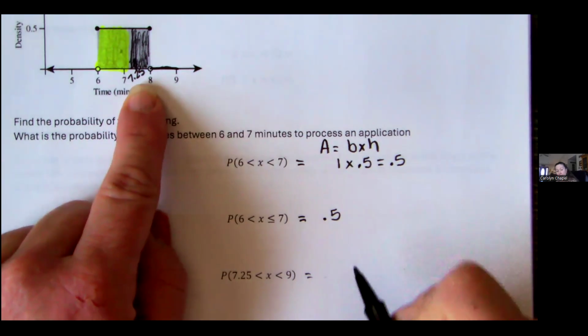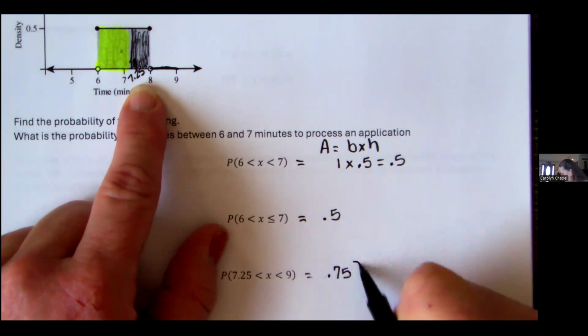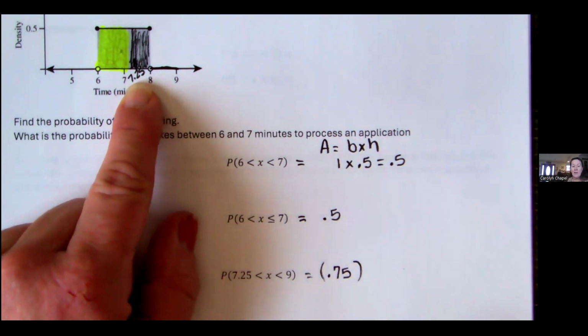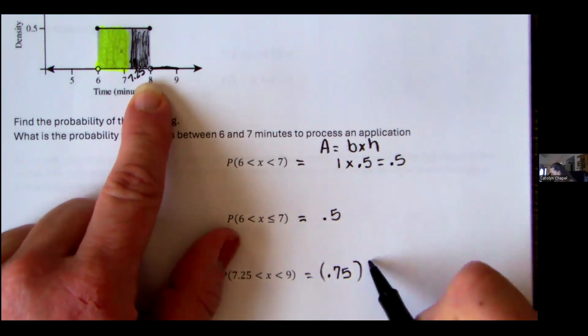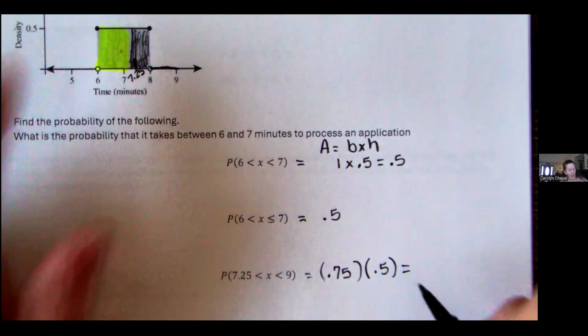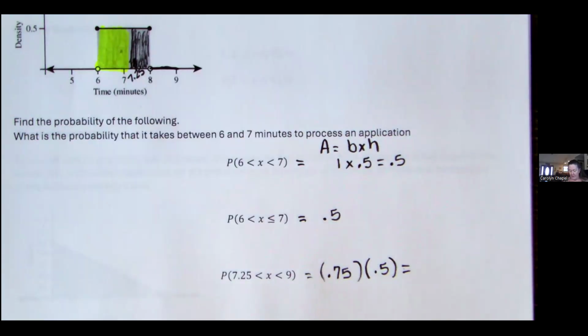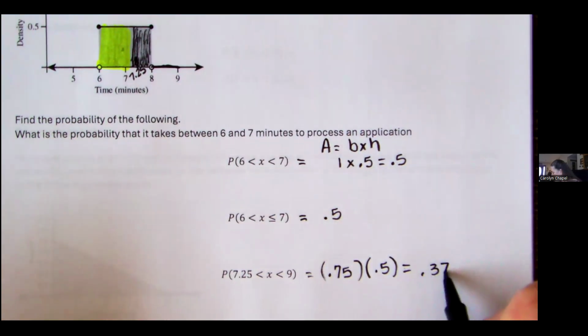Again, it is a rectangle whose base is 0.75. That's the distance from 7.25 to 8, which is 3/4 or 0.75. Our height is 0.5. I'm going to drag out my calculator to do the multiplication, and I get an answer of 0.375.